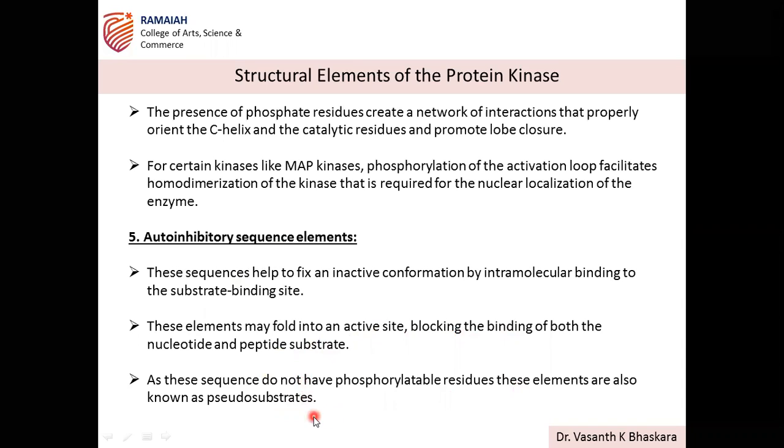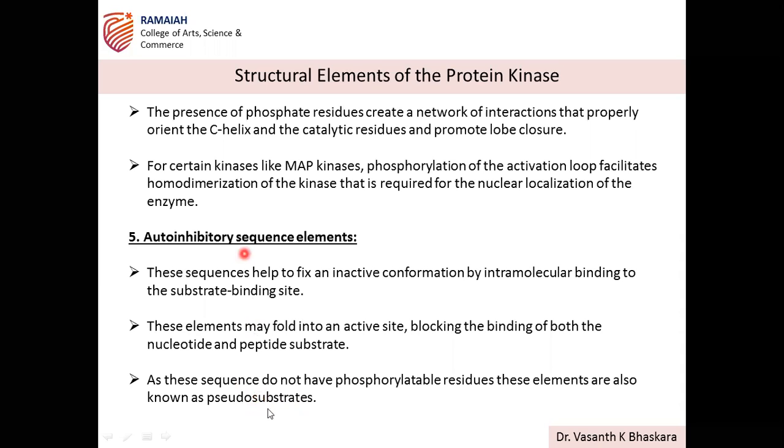These elements are also known as pseudo-substrates. So autoinhibitory sequence elements of protein kinases are known as pseudo-substrates because they don't have phosphate groups, but they are responsible for the closed structure and help the active site to fold by undergoing intramolecular binding to the substrate binding site.